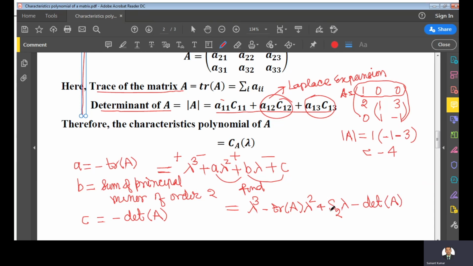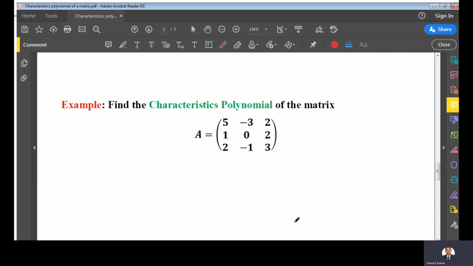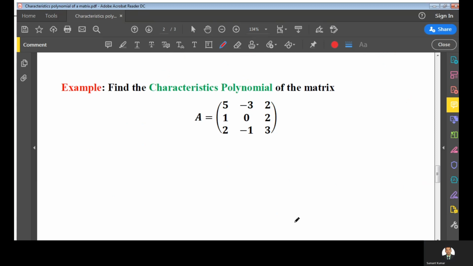So the question is, how will you find the sum of these principal minors? To show this, let us take one example of a matrix having order 3, right?